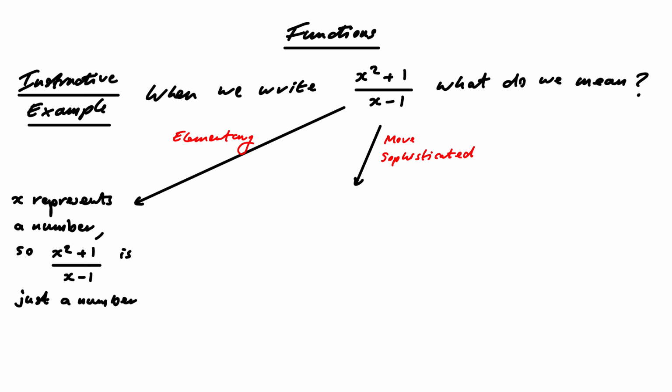A more sophisticated way to look at this is, sure, this represents a number, but you see, x is a variable. x is a stand-in for a number. So it's not just one fixed number like 5, 6, or 7. It could be a variety of different things. So x is a variable number.